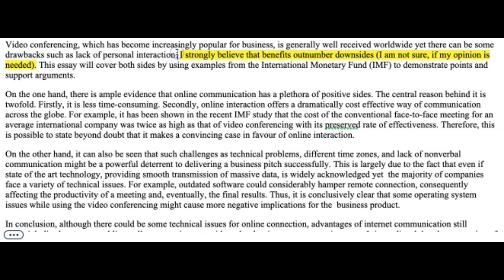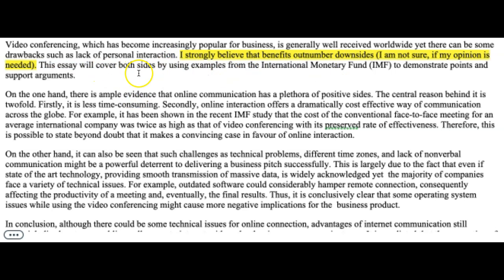So something like: I strongly believe that the benefits such as reduced cost outweigh, because we've only mentioned one, outweigh the downsides such as, I don't know what else, such as a perceived coldness, or something like that. But what I'm saying is just make sure you put something in that's relevant to the topic.